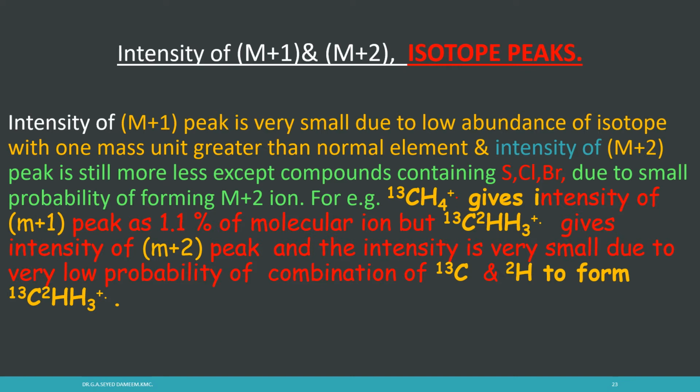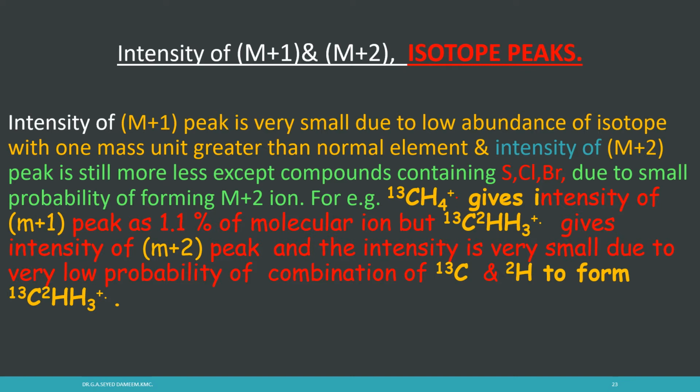The intensity of the M plus 1 peak is very small due to the low abundance of isotopes with one mass unit greater than the normal element, that is carbon-13, nitrogen-15, and oxygen-17.